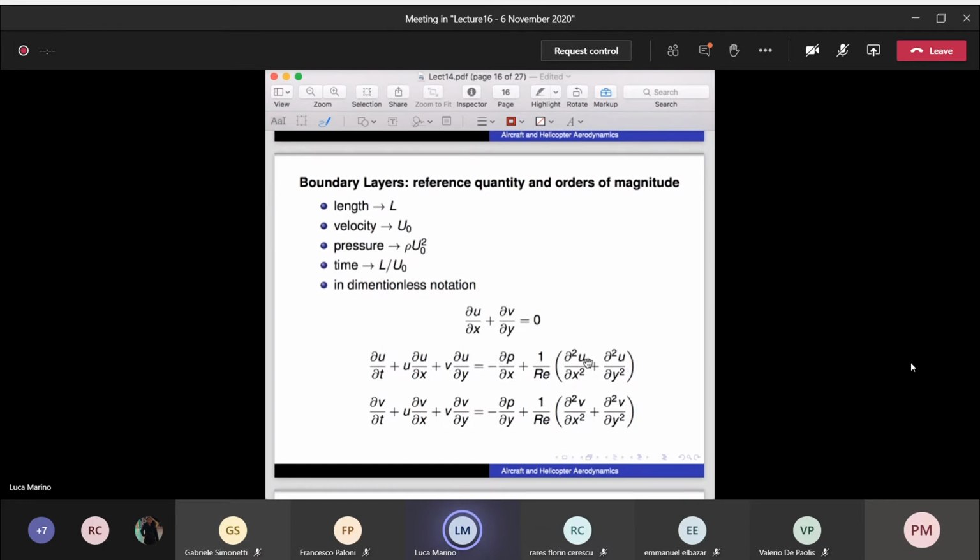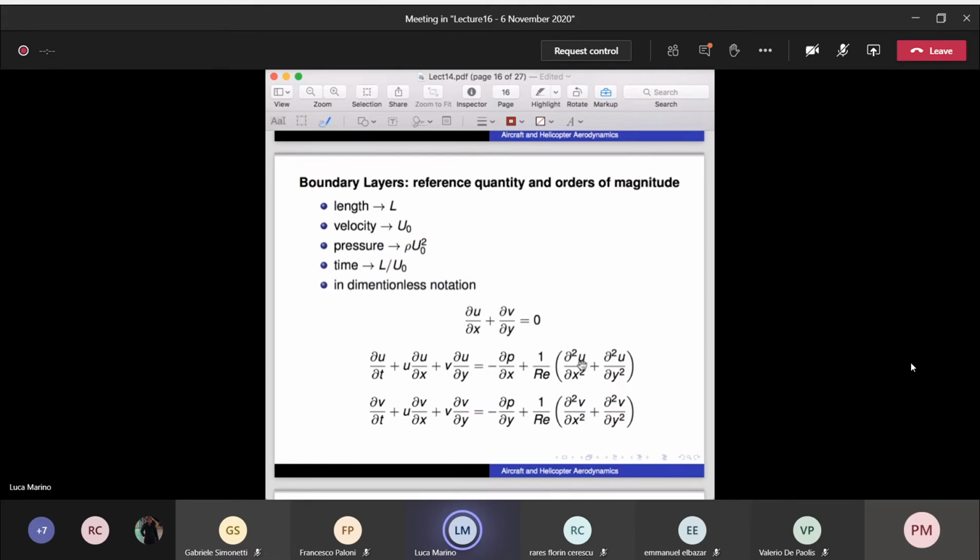In front of the diffusive term, we will have, okay, I write, we have the P over the X, which becomes rho times U0 square over L times P prime over X prime, where P prime is P over rho U0 square, and X prime is X over L.